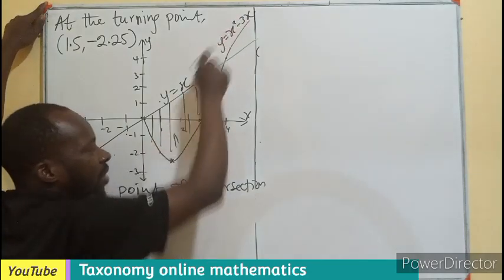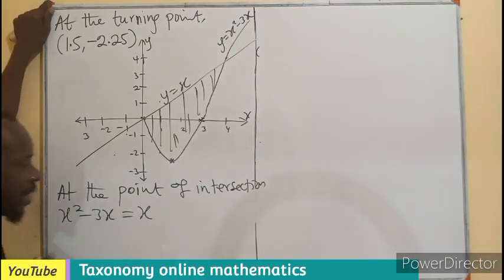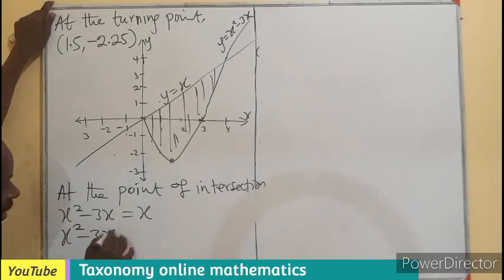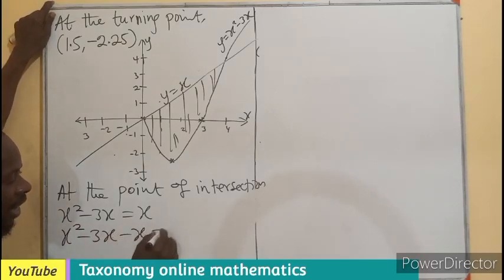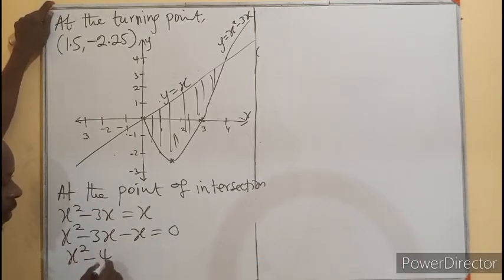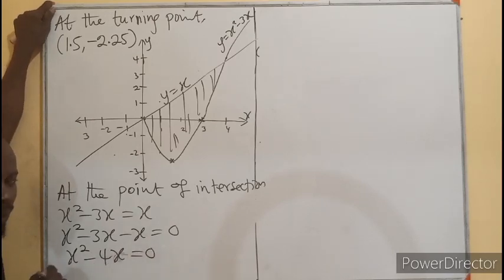It's the same y that is giving us this equation. So we equate them together to mean x squared minus 3x, transposing x to become negative, all equals 0. I believe you have x squared minus 4x equals 0.